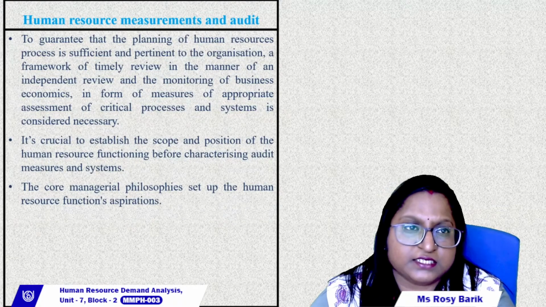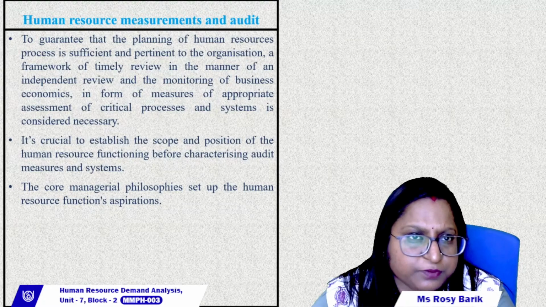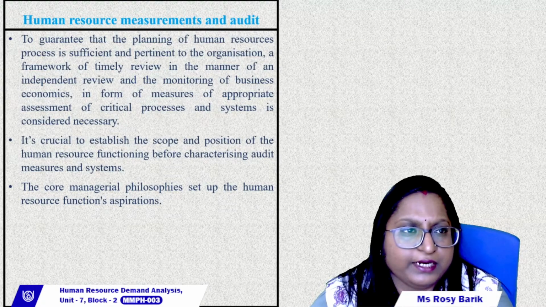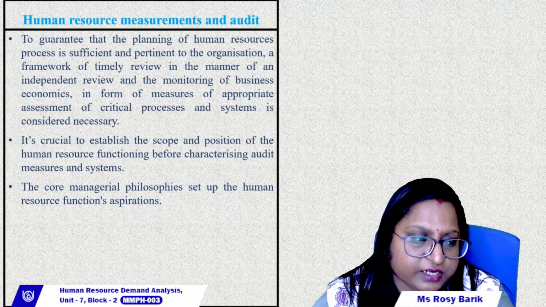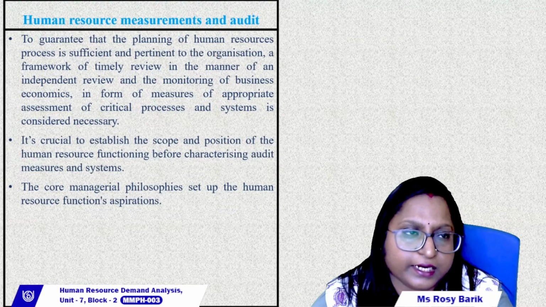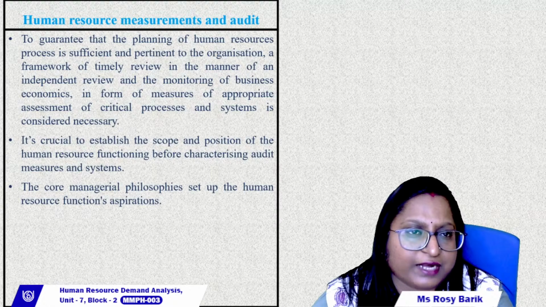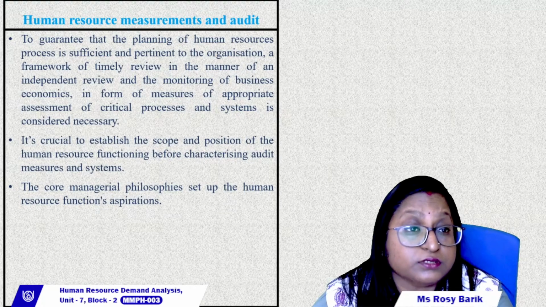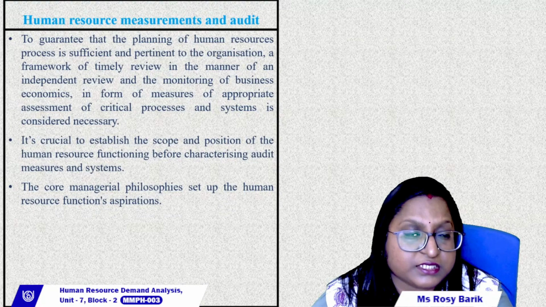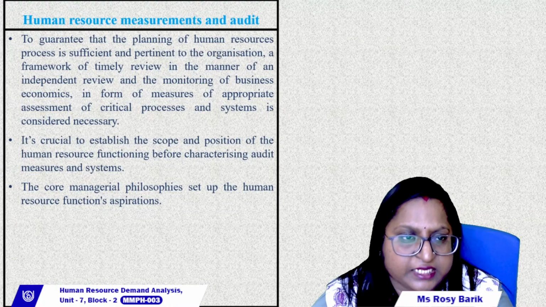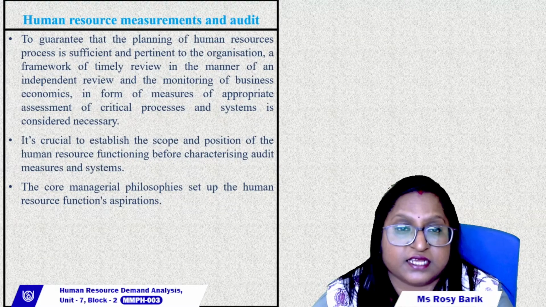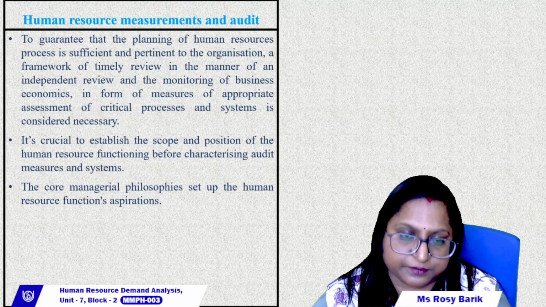Now we'll be discussing a new part, that is human resource measurements and audit. To guarantee that planning of human resource processes is sufficient and pertinent to the organization, a framework of timely review in the manner of independent reviews, and the monitoring of business economics in the form of measures of appropriate assessment of critical processes and systems, is considered necessary.